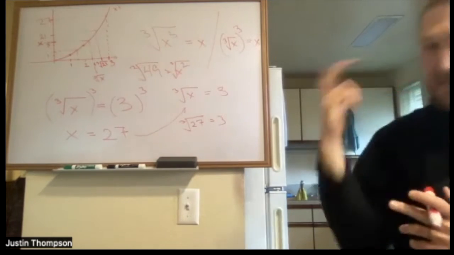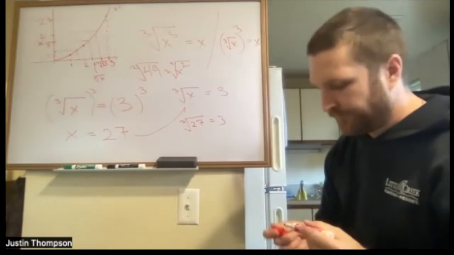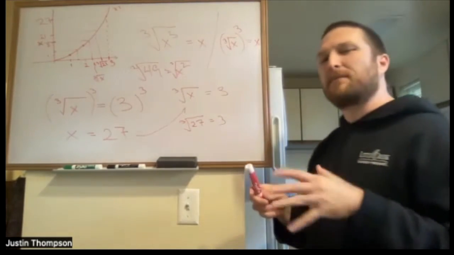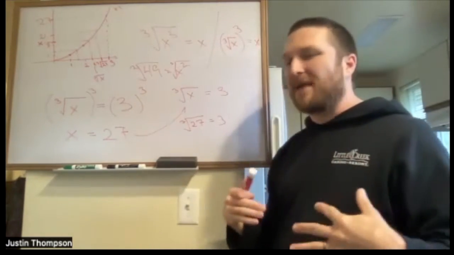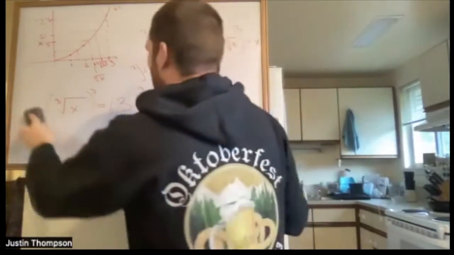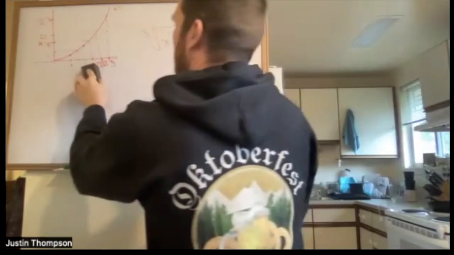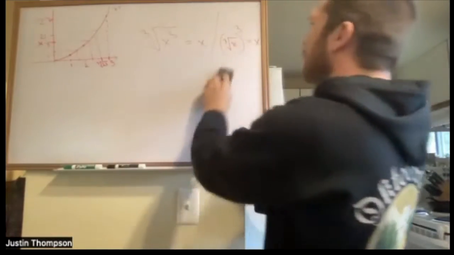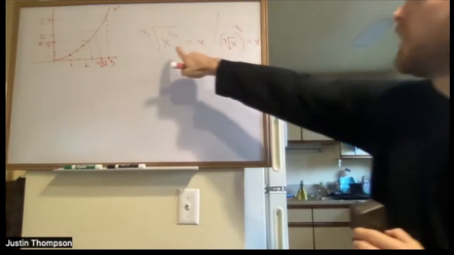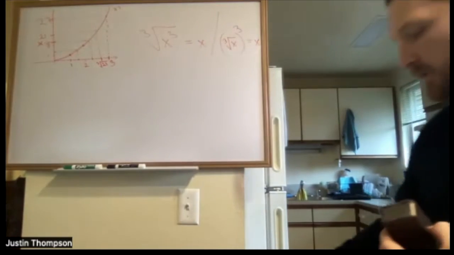Does that make sense? Yes. Okay, so again, this is not new stuff. I'm kind of framing it in a different way. I'm saying it a little bit differently. But you know this stuff, and you've been dealing with this stuff for a long time. And so, okay, this is something that we want to figure out with logs and exponents.